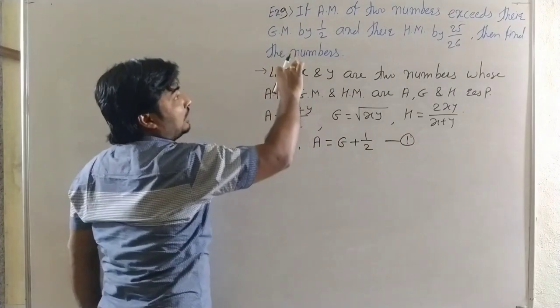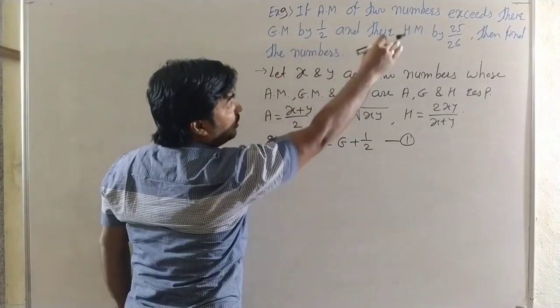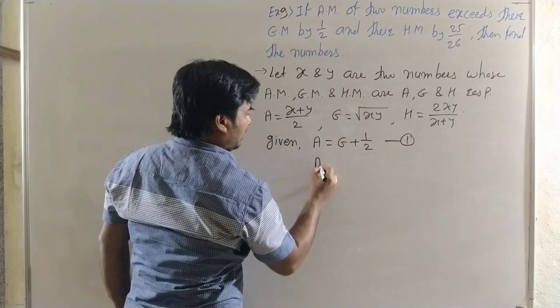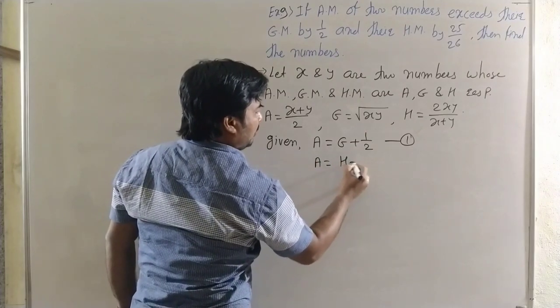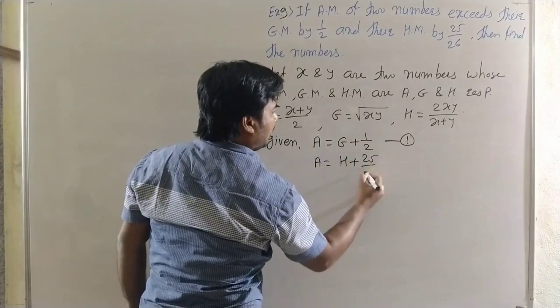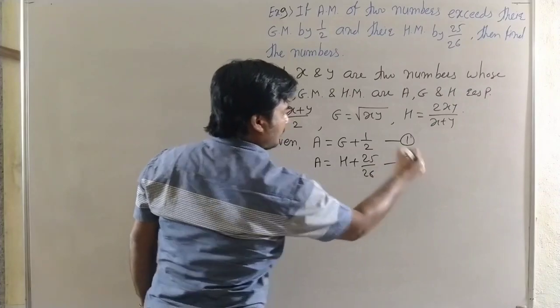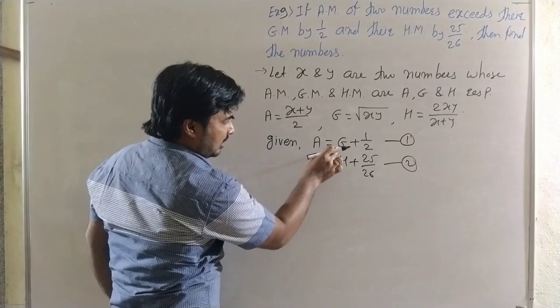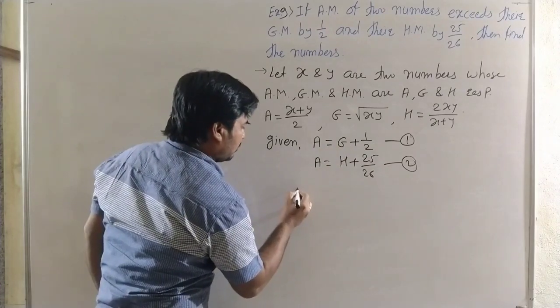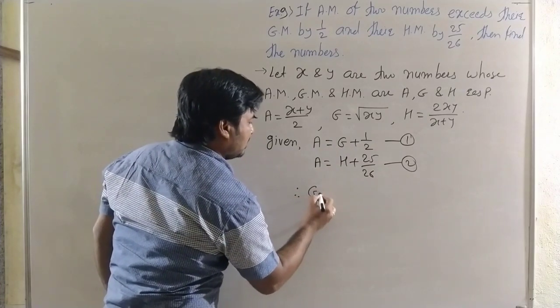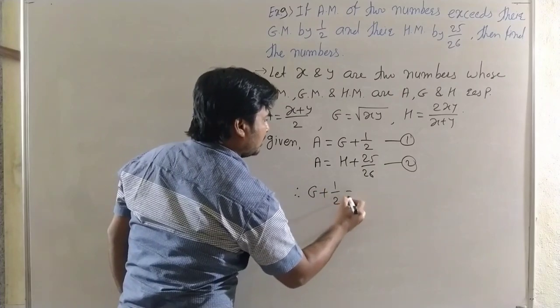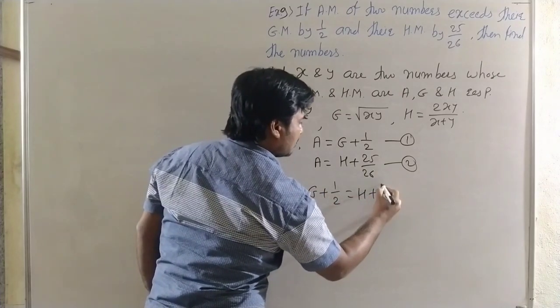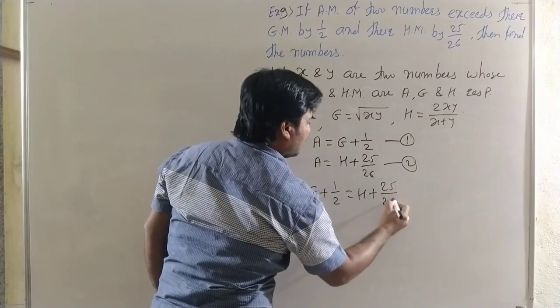And the arithmetic mean exceeds their harmonic mean by 25/26. Therefore a = h + 25/26. Both are equal to a, therefore we can write g + 1/2 = h + 25/26.